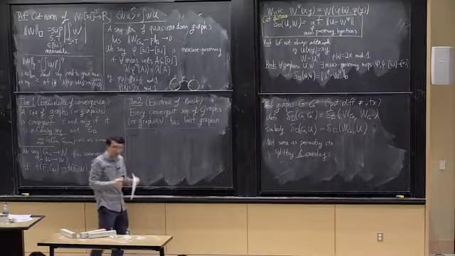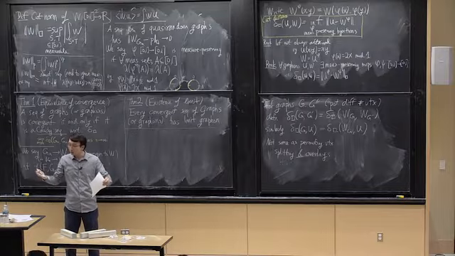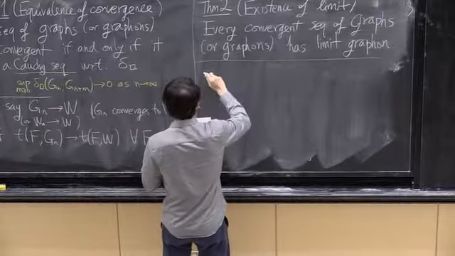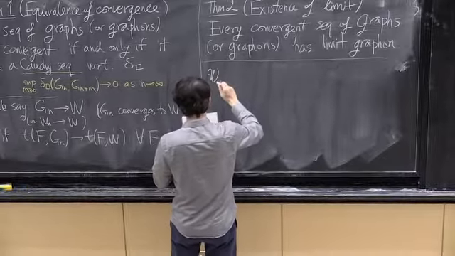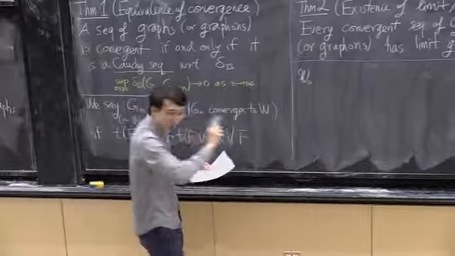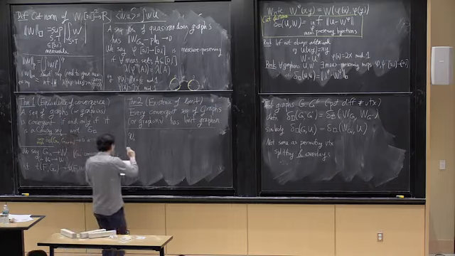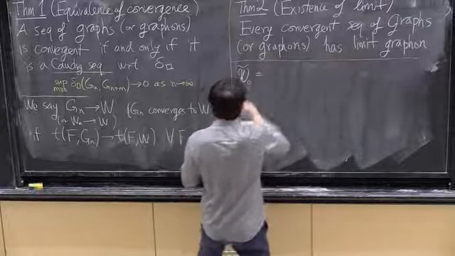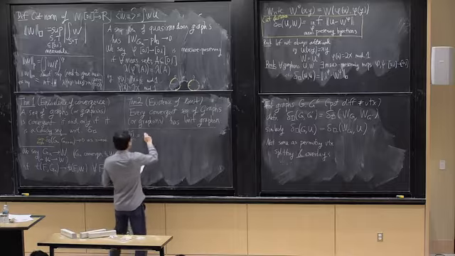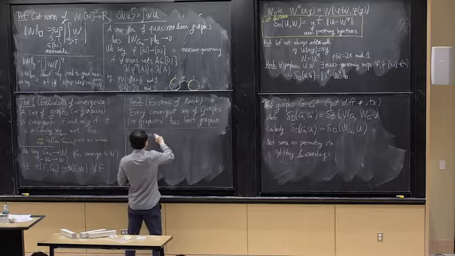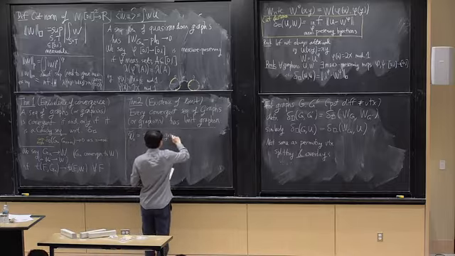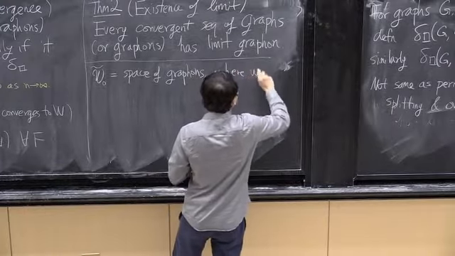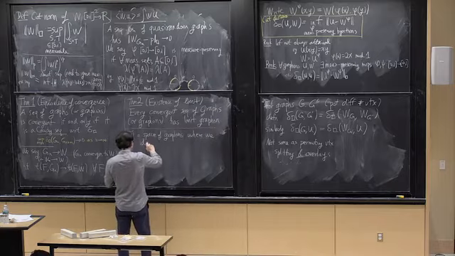All right. So now I want you to imagine this space of graphons. So I have this space containing all the graphons, and let me denote this space by this curly W naught. Okay, so the naught is, don't worry about it, it's more just convention. But let me also put a tilde on top for the following reason. Let this be the space of graphons where we identify graphons with distance 0.